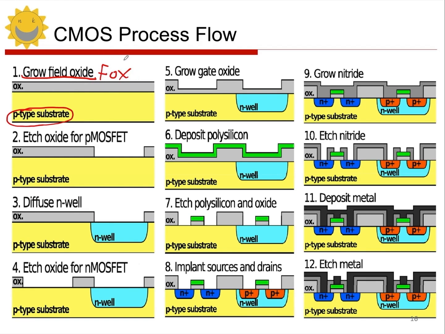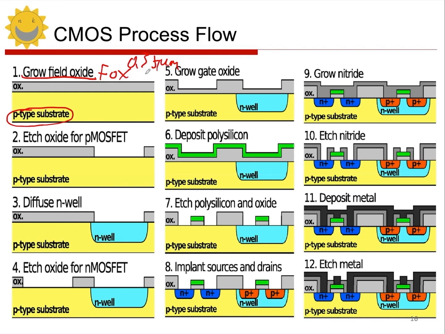In other words, when we manufacture multiple MOSFETs on the same silicon substrate, we need to create electrical isolation between these MOSFETs, and that is where the field oxide comes in, as it is an insulator. Of course, this field oxide process is usually used for processes above the 0.35 micron node.